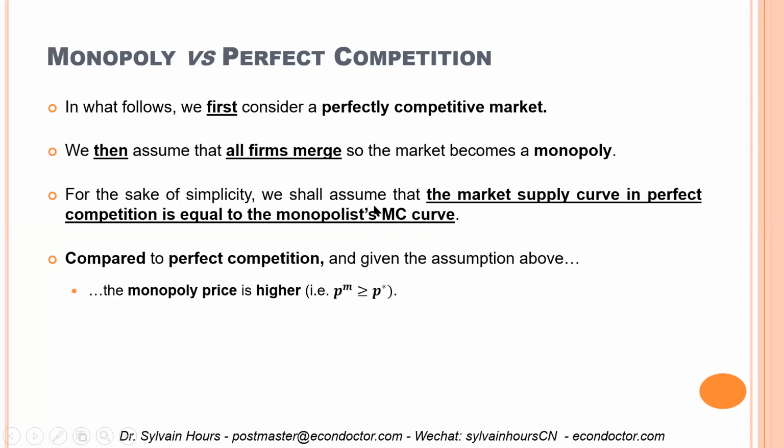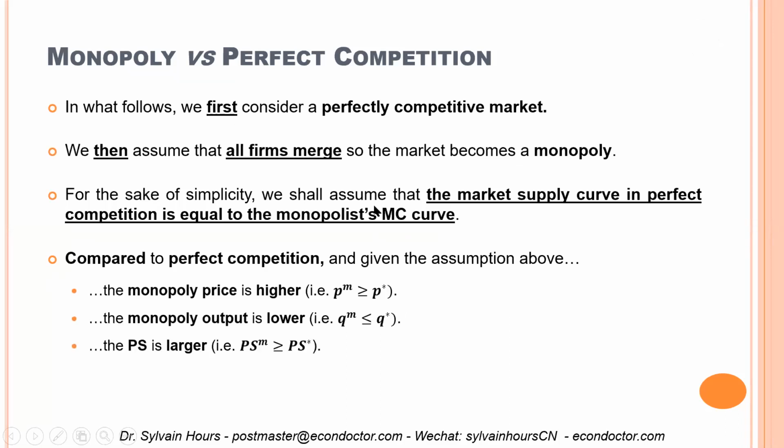Okay, so let's compare these two market structures. We are going to consider a market that we assume to be perfectly competitive. So the initial stage is a perfectly competitive market. And then we will make a weird assumption, but it's going to help us understand. We will assume that all firms decide to merge.